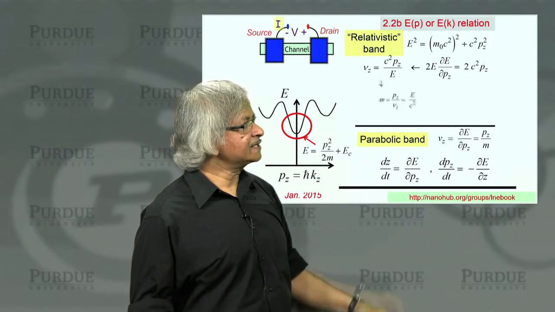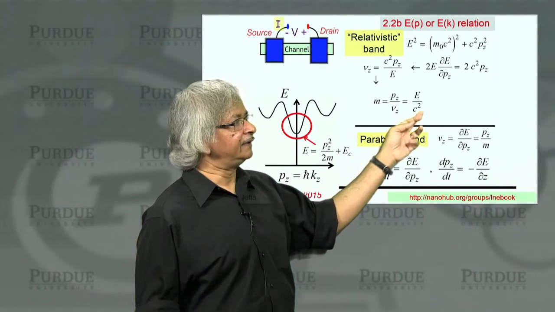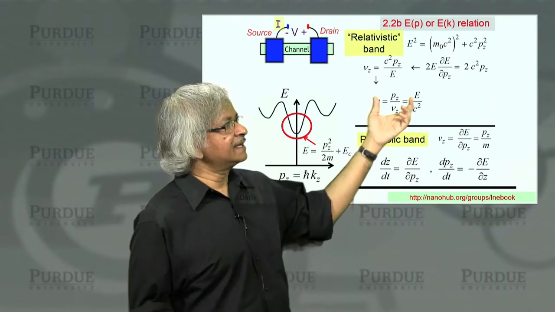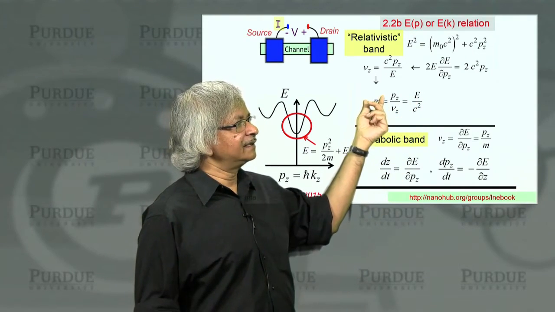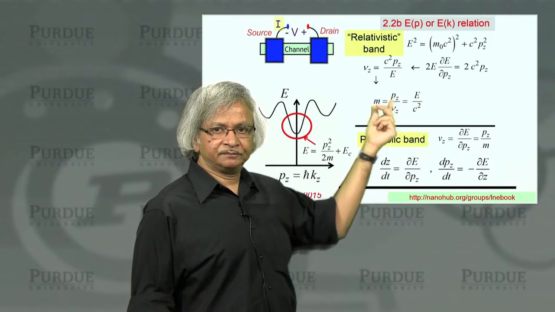So if you want the mass, that's equal to P divided by V, and that is like E divided by c square. So what that means is, as the electron energy increases, the mass gets bigger and bigger, because mass is proportional to energy.